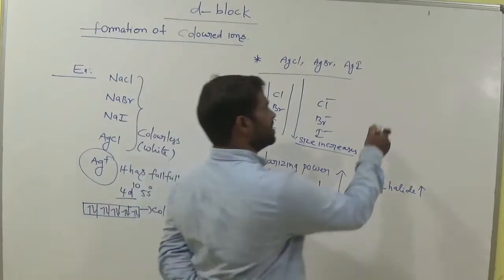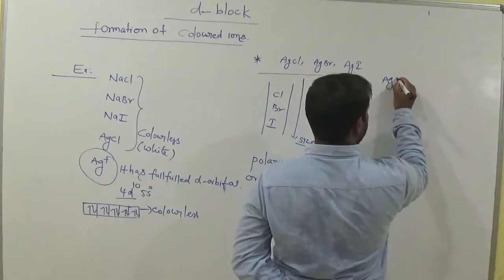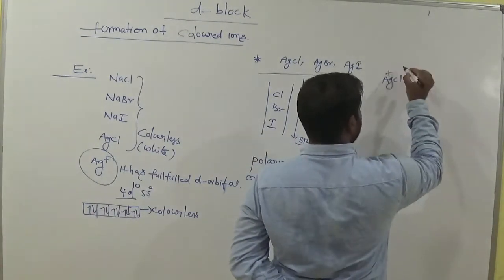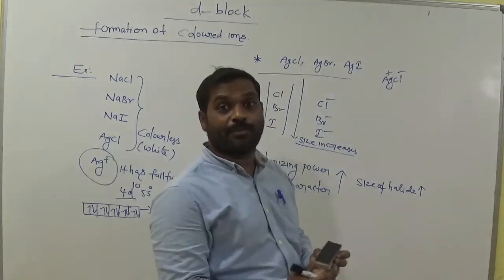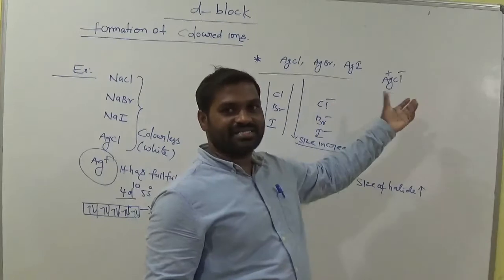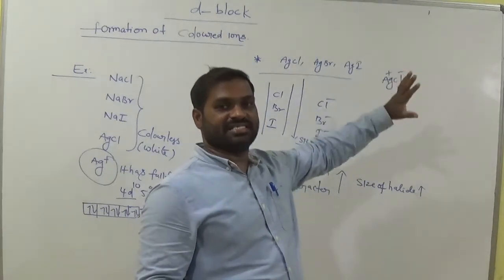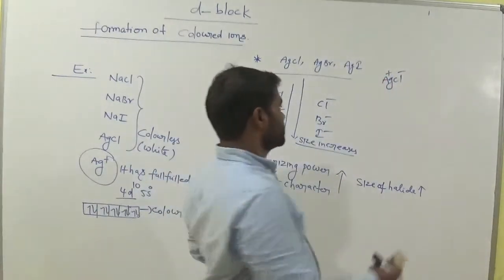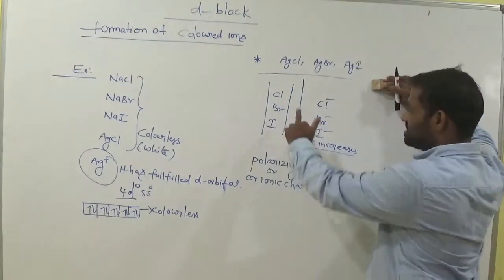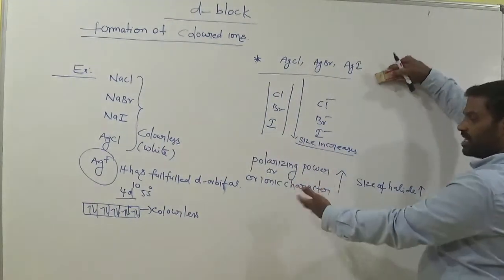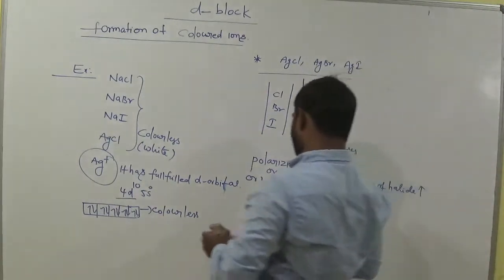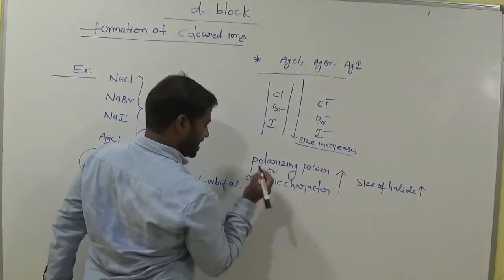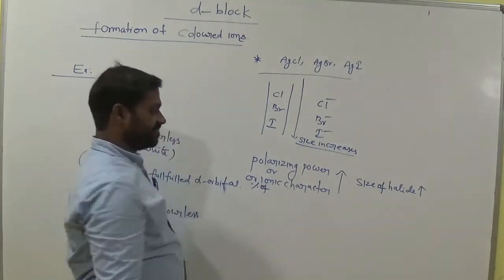Polarizing power means, suppose AgCl is there, then what is the charge? Ag plus Cl minus. So poles, what we call charges. Polarizing means the charge nature is developed. So when size increases, their polarizing power or ionic character increases. The percentage of ionic character increases.